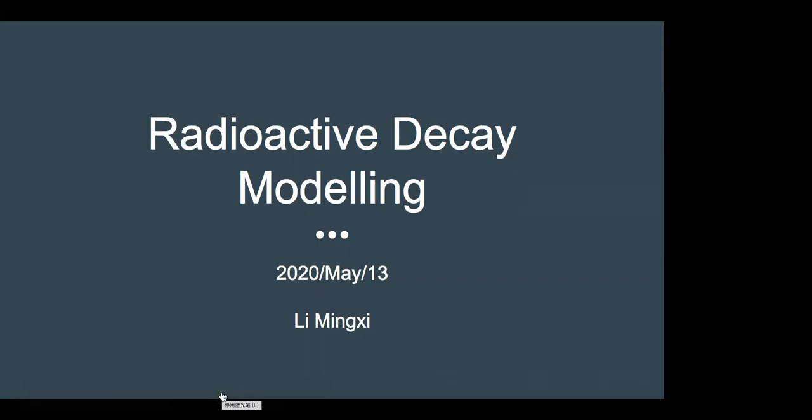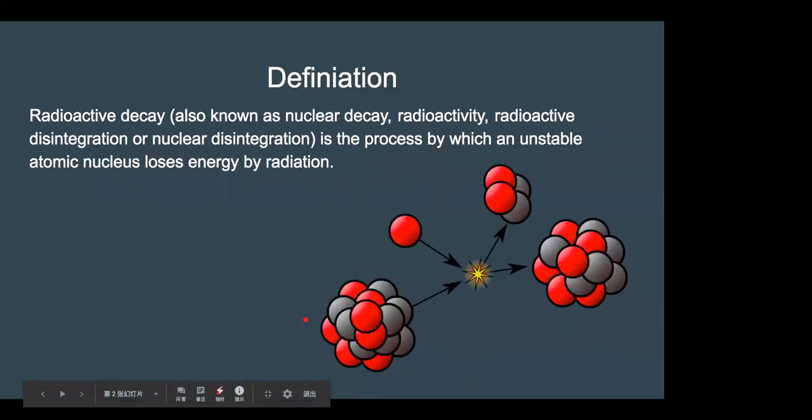Okay, so morning guys. Today the content I'm going to talk about is radioactive decay modeling, which is another kind of mathematical model. At the beginning, I'd like to talk about its definition. Radioactive decay, also known as nuclear decay, radioactive disintegration, or nuclear disintegration, is the process by which an unstable atomic nucleus loses energy by radiation.